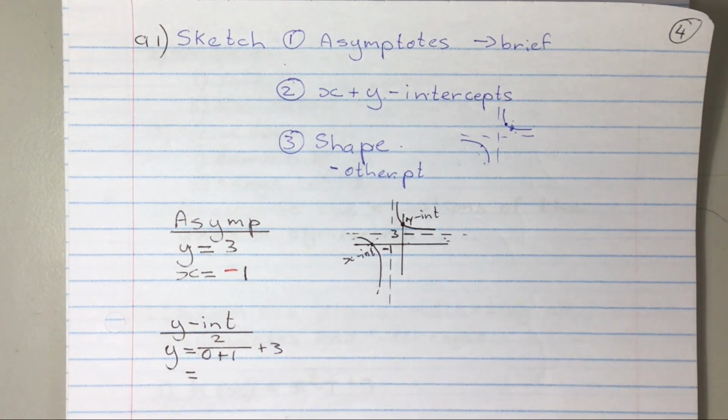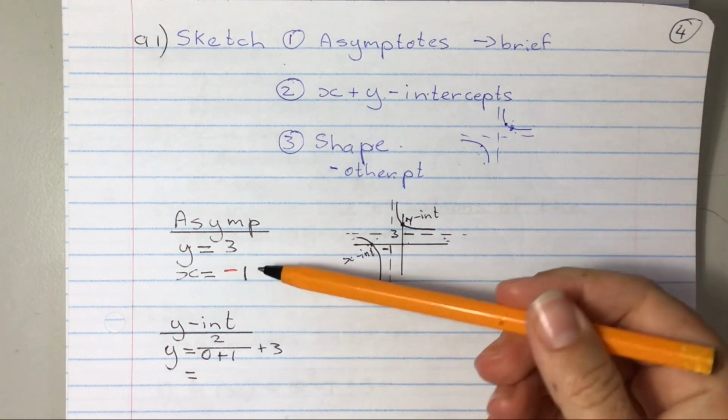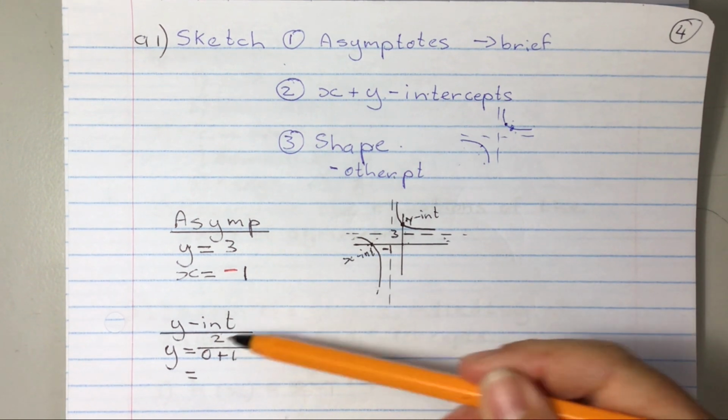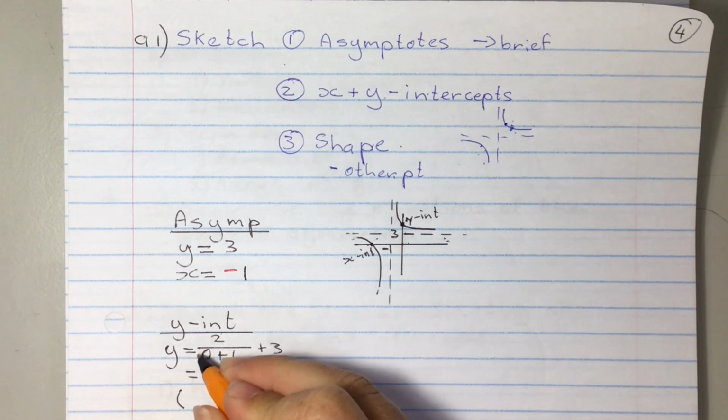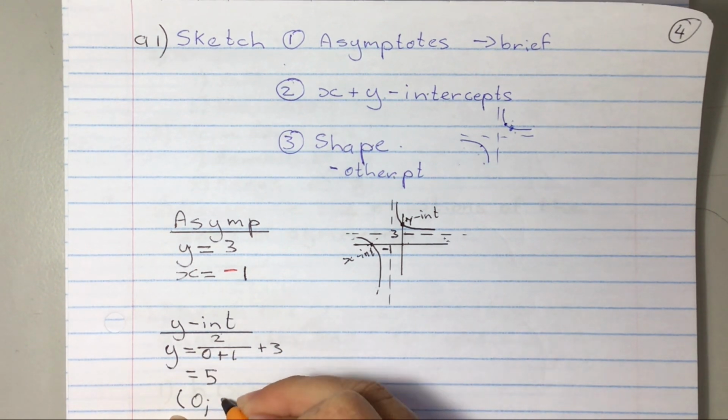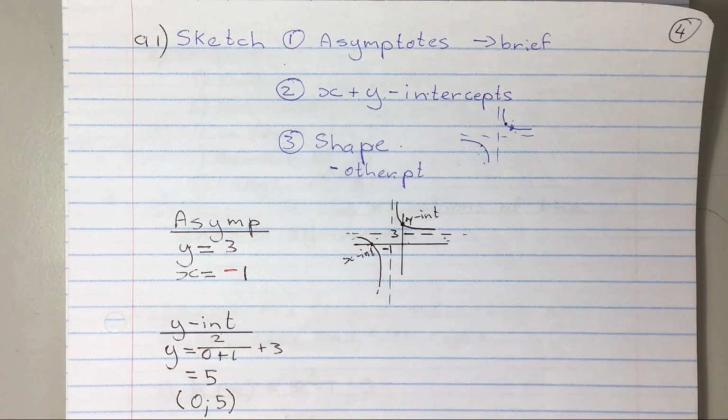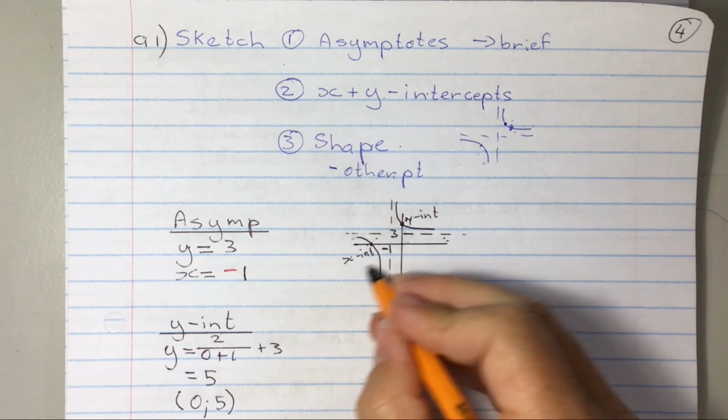And this you can just plug into your calculator, or you can do it in your head. 2 divided by 1 is 2. 2 plus 3 is 5. And if you need to, write down the coordinates. So that's the coordinate (0, 5). Only do this if it helps you. Remember, we're only marking what you've got on the graph, not your working out.